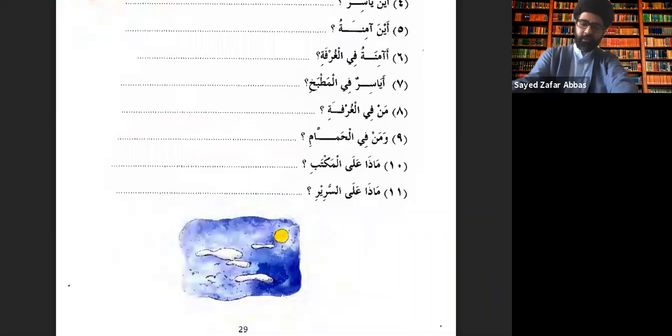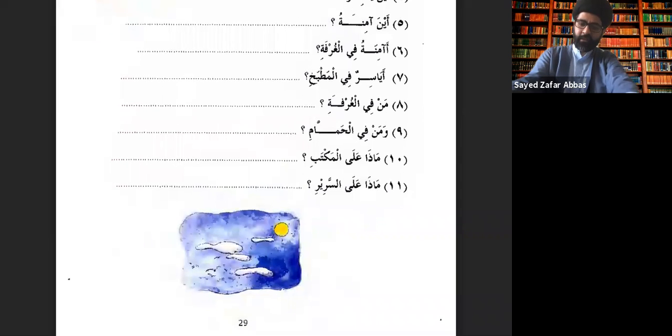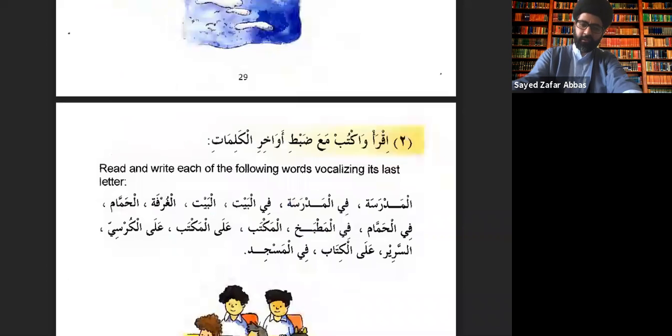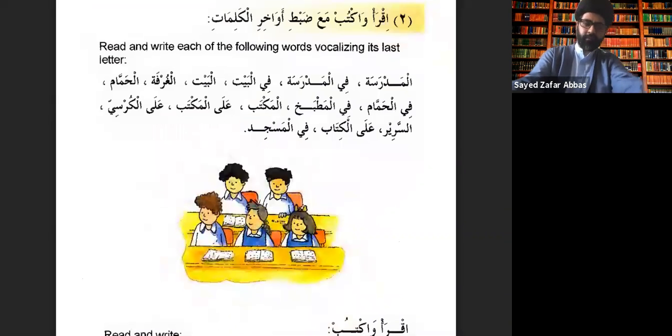Okay. So in this, if we go to the next page, please. In this part, we learn both of these things. We learn how to use those prepositions, and also we learn how to understand huwa and hiya. So he, she, and it are summarized in Arabic as huwa and hiya. Okay. So here we see that we are being practiced with how fi and ala affect a particular word.